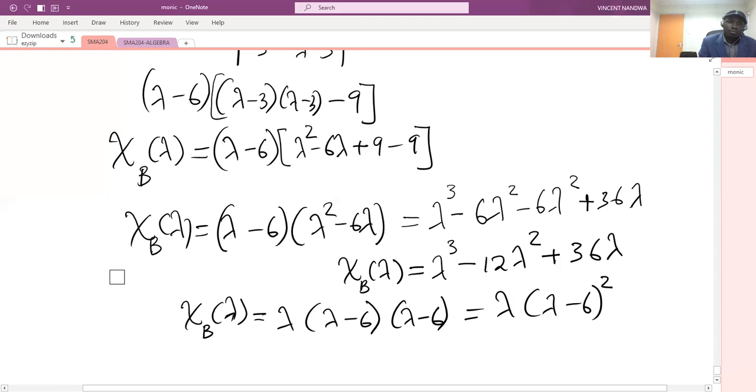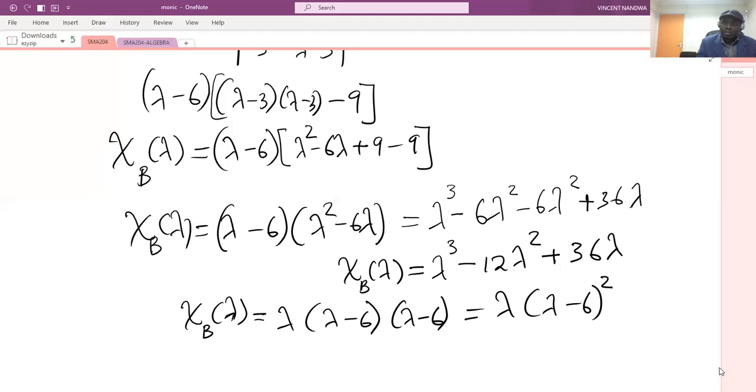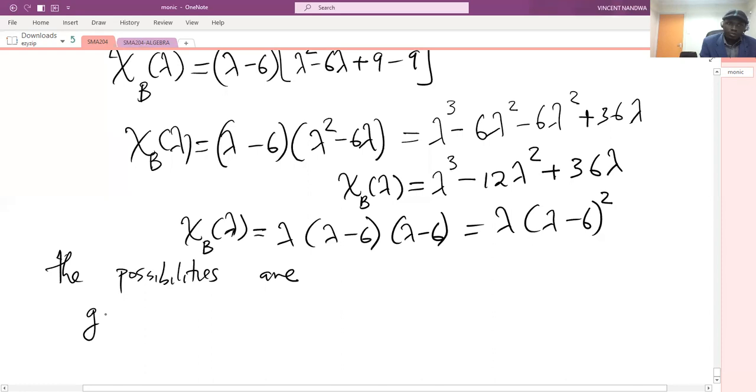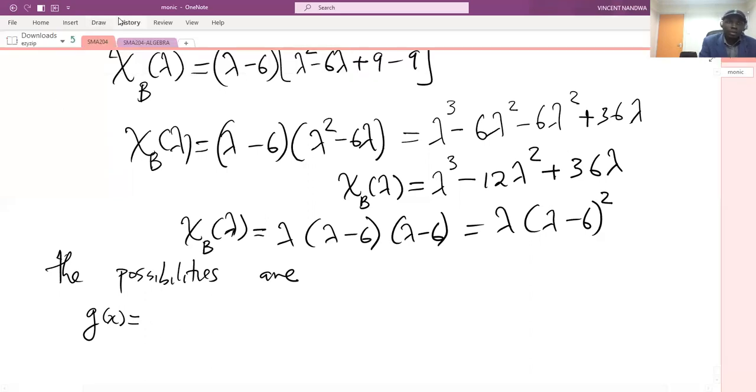So here are the possibilities. We can say g of x equals to, I can actually just take lambda because it's a factor of this. Lambda, so g of x will be now x, or say lambda of g of lambda equals to lambda.